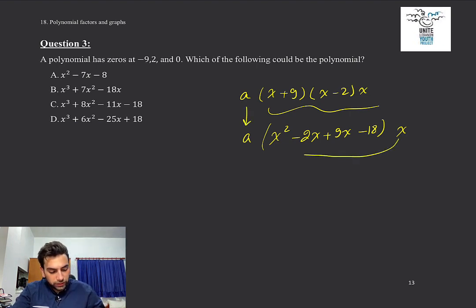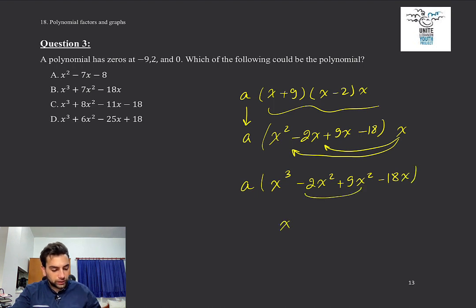Now multiply this x inside here. What do you get? You get a times x cubed minus 2x squared plus 9x squared minus 18x. Simplify those two, you will get x cubed plus 7x squared minus 18x, and you still have this a.